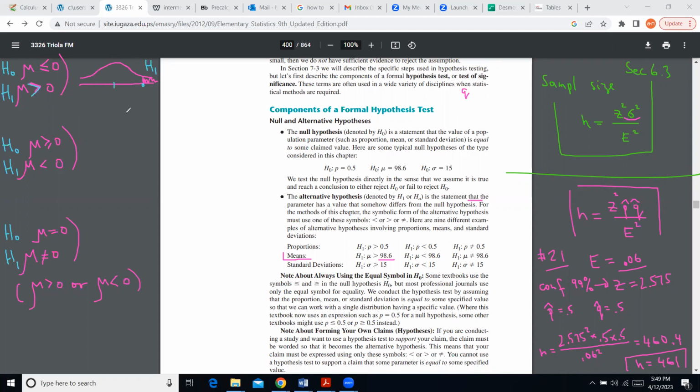Zero is always in the middle, so H1 is on the right side somewhere, schematically. Or if you're looking at the second case, when mean is less than zero, that would be on the left side from zero, so someplace in the left tail will be my H1.